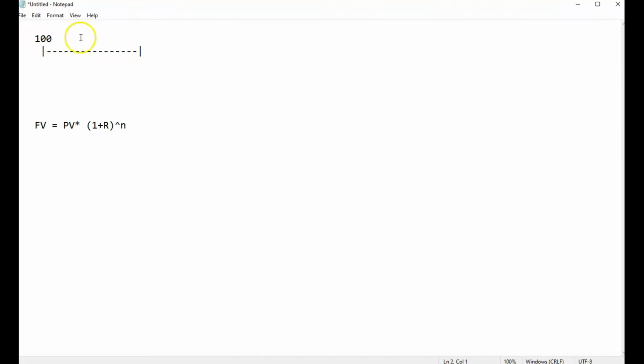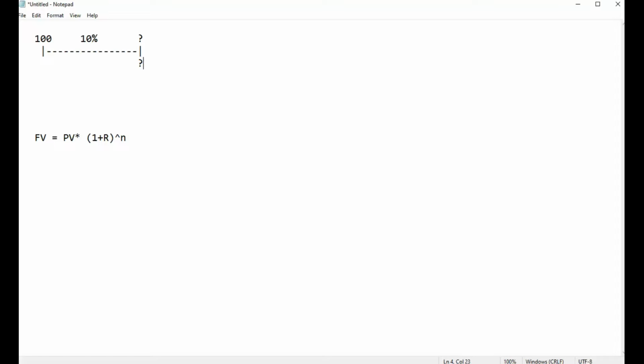Of course, interest rates now cannot be so high, but assume the annual interest rate is 10%. Why do we use 10%? Because we can calculate easily.